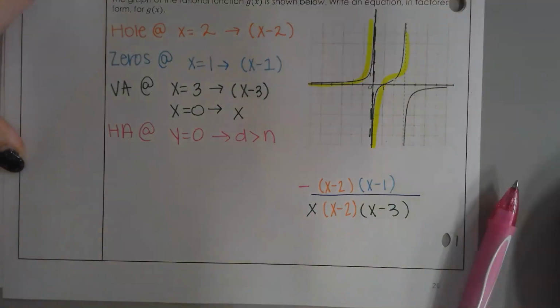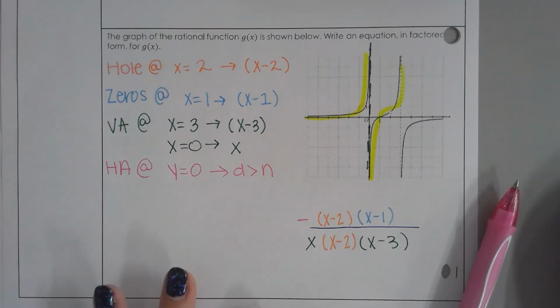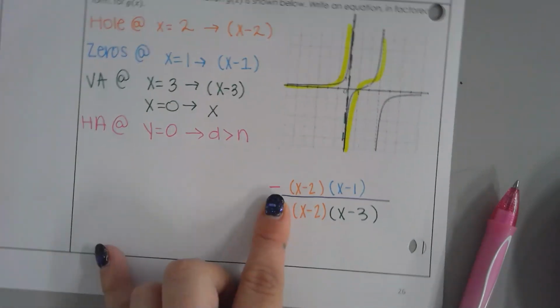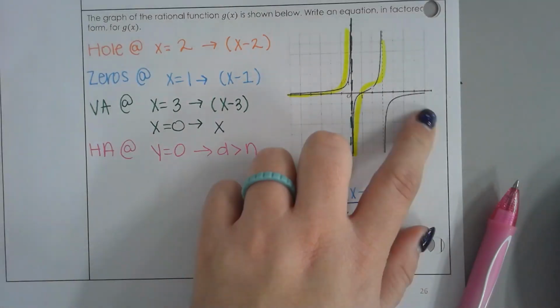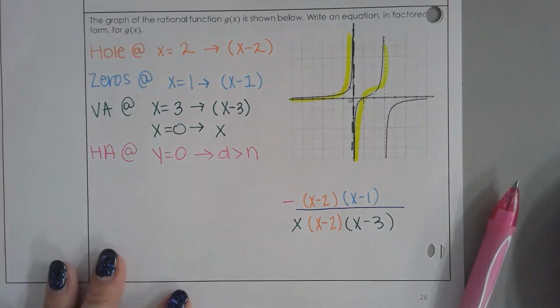Okay, so there's not a good, easy, always-how-you-check-it way to know if you have a negative or not. Just check it against your hole. Or another point, really, you could probably do. But your hole is kind of a good go-to spot to do that.